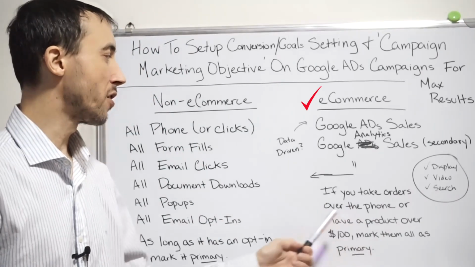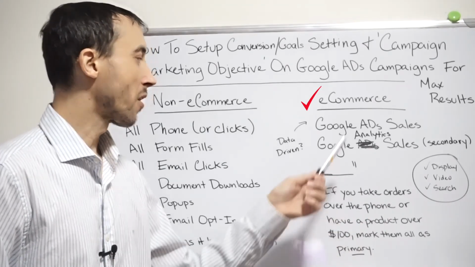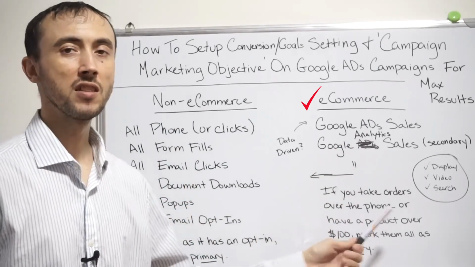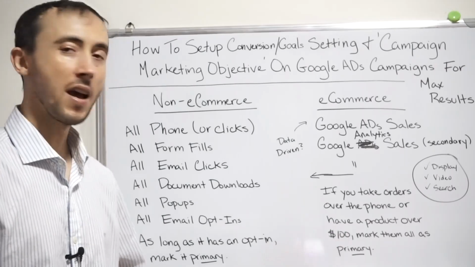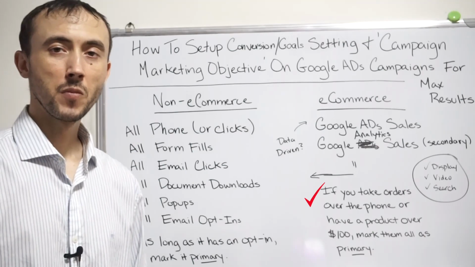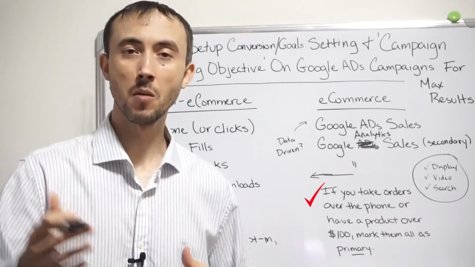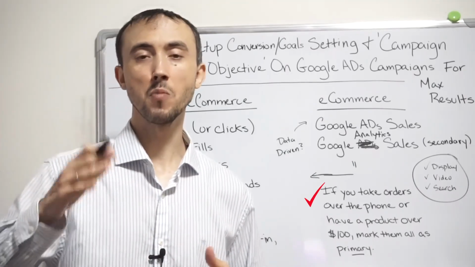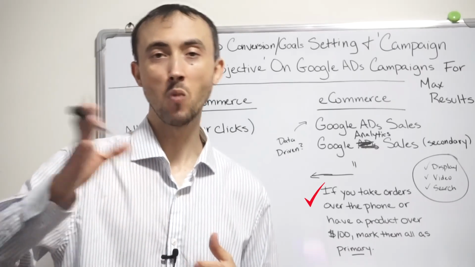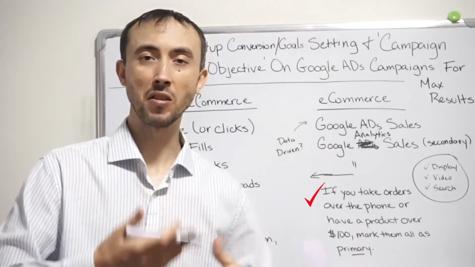Now, if you take orders over the phone or have a product over $100 in cost, you can mark the cart purchase goals, and then all of these as primary goals inside the conversion menu. Why? For people that take orders over the phone, the orders over the phone will skew to be the bigger purchases, because the people that are spending more statistically will more likely want to ask questions first to feel confident about the purchase.